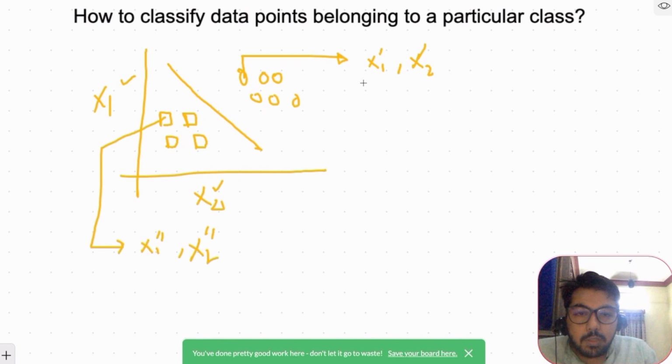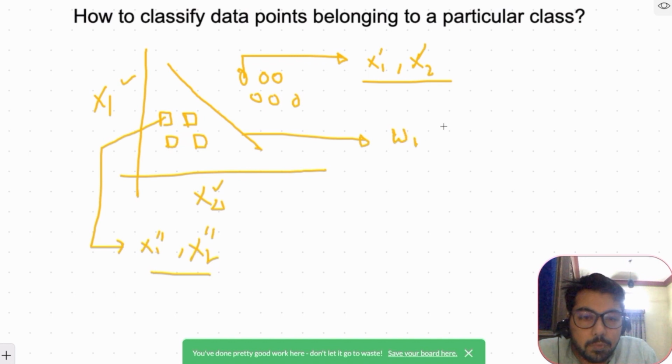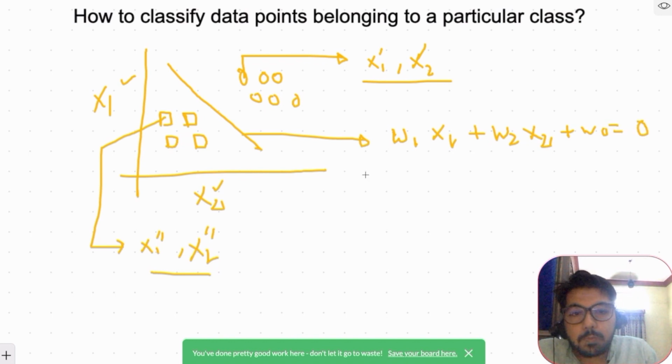Okay, so if I put it in the equation of the hyperplane, which came out to be like this: w1 x1 plus w2 x2 plus w0 equal to 0. This was the equation of the hyperplane which we got.